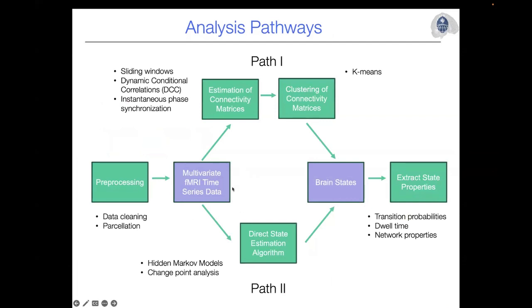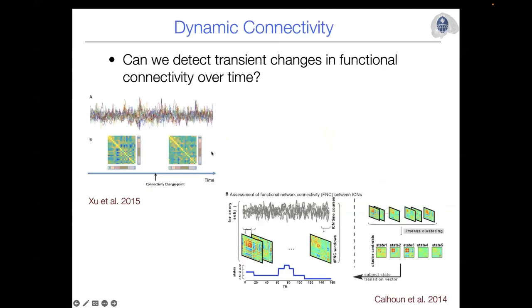In both paths, you start with multivariate time series data, and then you do something like sliding windows to estimate time-varying connectivity matrices, and then you cluster them with something like k-means to get these brain states. The second approach would be to do something like a hidden Markov model or these change points, to take this multivariate data and separate the time course into different segments where you have different network structure in different segments.